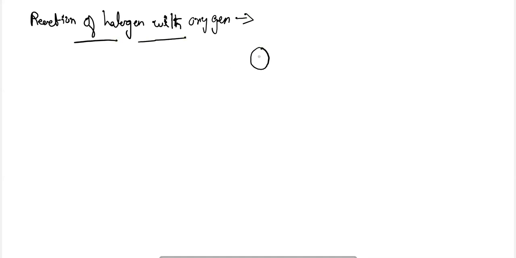So oxygen will be acting as the central atom in OF2, and it will act as the positive element here. The bond length here is 141 picometers and the angle is 105 degrees.